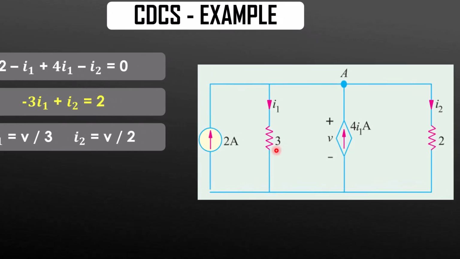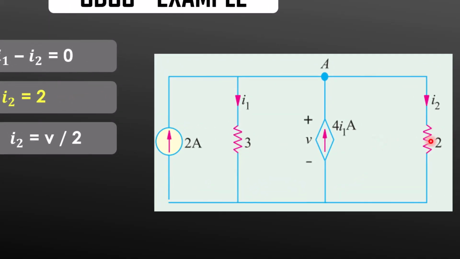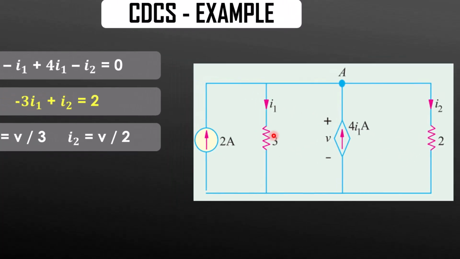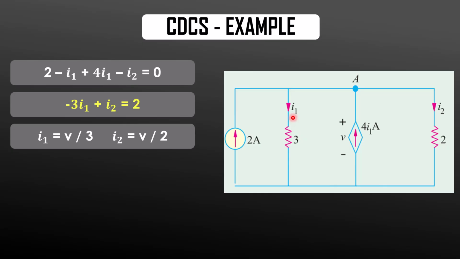Now you can see here that this 3 ohm and 2 ohm come in parallel with this voltage V. So the potential applied across each branch is V. By simply applying Ohm's law on these branches, we can compute I1, which is equal to V over 3, and I2, which is equal to V over 2.